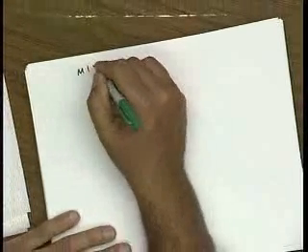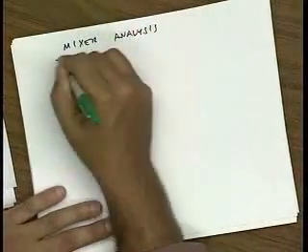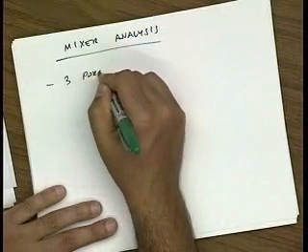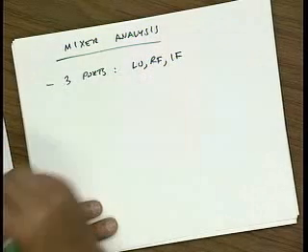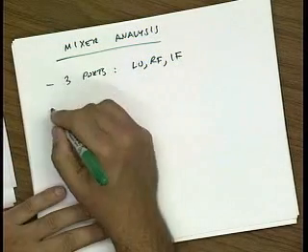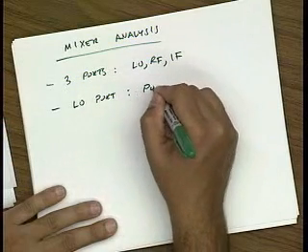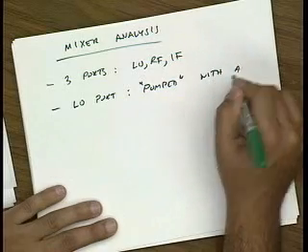Okay. So let's now apply this analysis to a mixer. Okay, so the mixer has 3 ports: an LO, an RF, and an IF port. And we're going to assume that the LO port is pumped with a large signal.